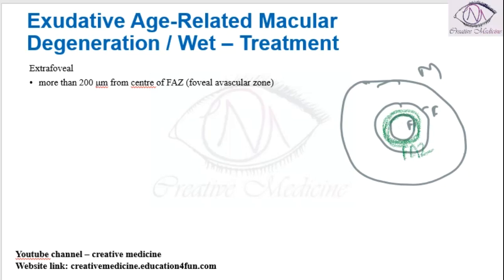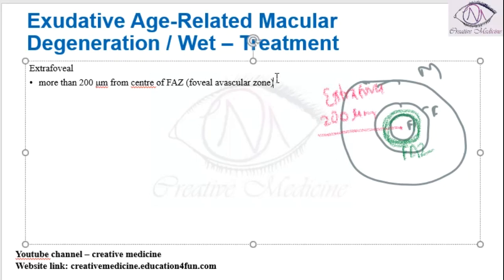Then, 200 micrometers from the center of this foveal avascular zone is called the extrafoveal region. If the age-related macular degeneration is present in this extrafoveal region, then laser photocoagulation is done.